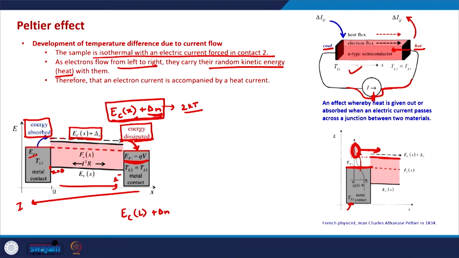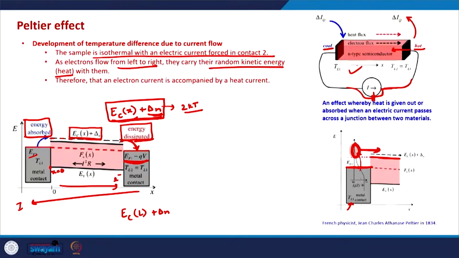Now, these high energy electrons dissipate this excess energy to the right contact, and this right contact becomes slightly hotter. That way a temperature difference is created across the device from the left contact to the right contact, which means that a net heat current is also there in the semiconductor.